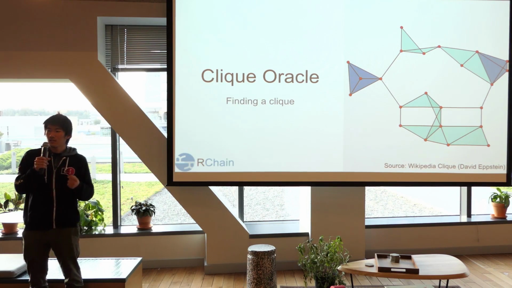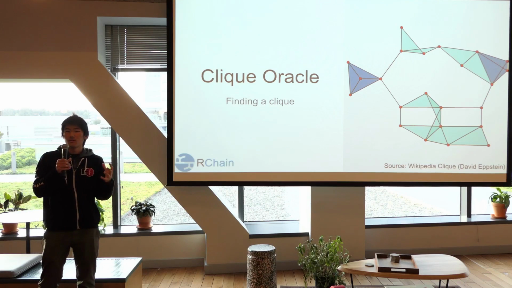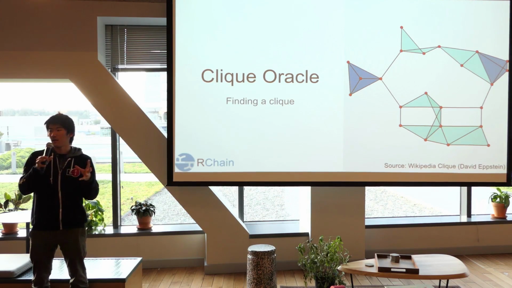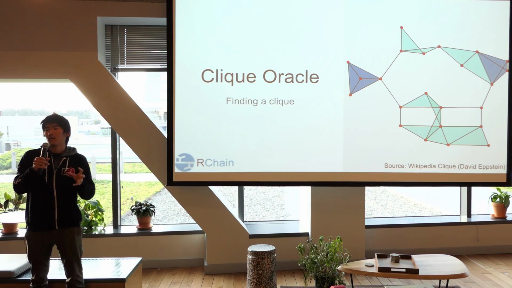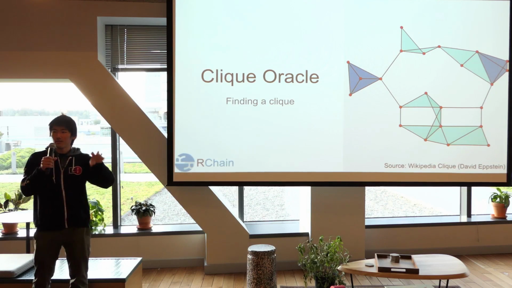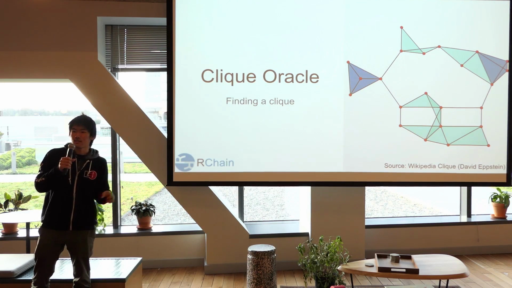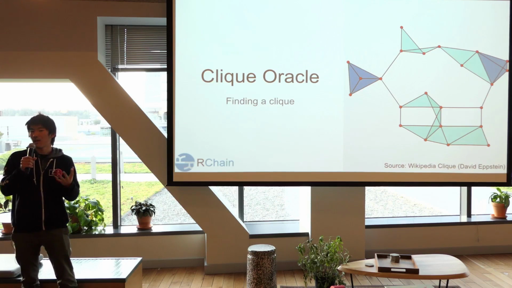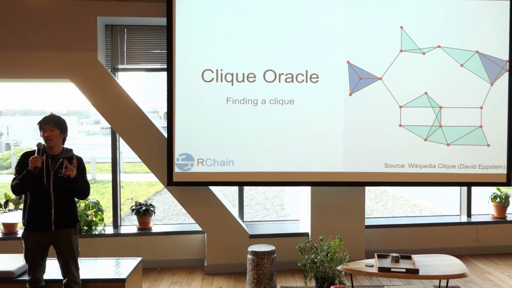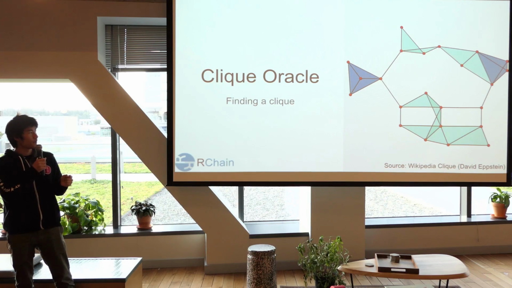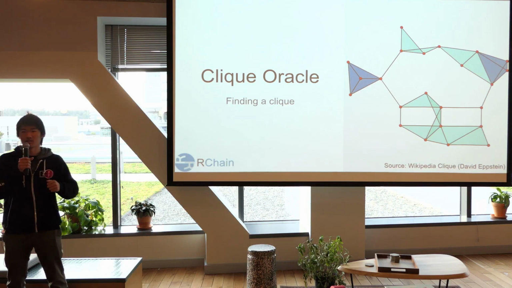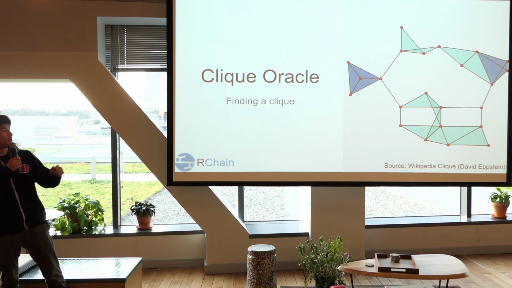And the idea here is that you can arrange your validators in terms of this graph, and then you want to find out the biggest clique. And if the maximal clique of the graph is greater than half, then you know that there's no way for you to sway the decisions within the clique. And so that's the principle of this oracle. And I'm going to explain the details of how you actually run it.